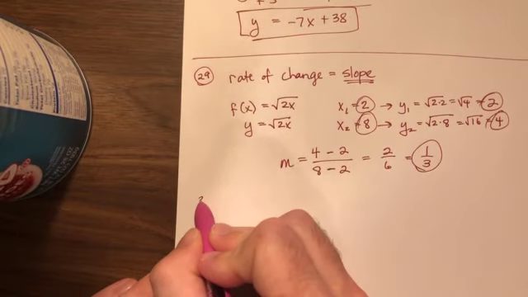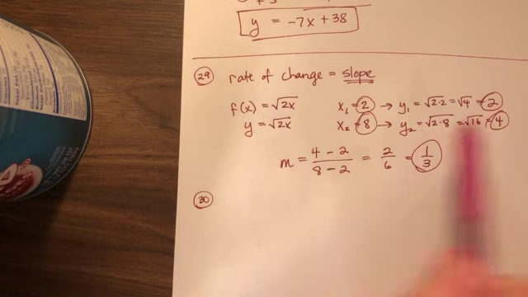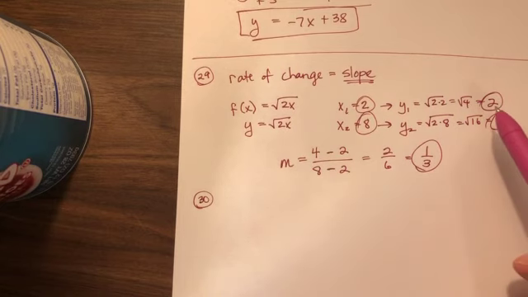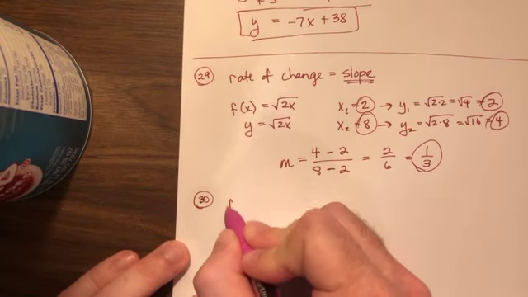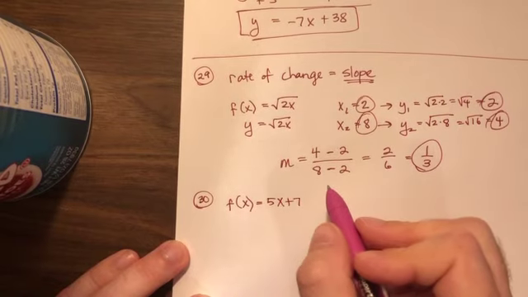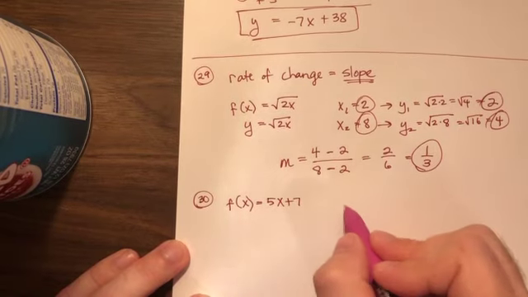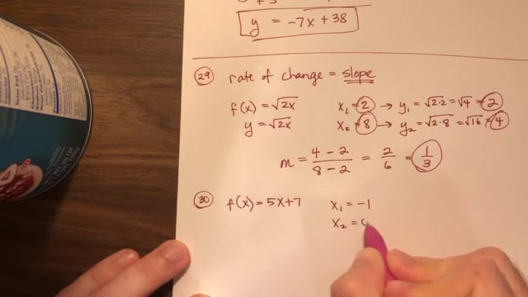Not so bad. So with rate of change, it's like a slope problem, only they're asking you to find some y values first, y1 and y2, before you can apply the slope formula. So same deal here, f of x equals 5x plus 7. And you have x1 is equal to -1 and x2 is equal to 0.